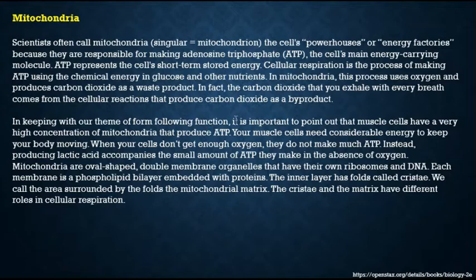So, muscle cells have a very high concentration of mitochondria. Why? Because muscle cells need considerable energy to keep the body moving. When cells don't get enough oxygen, they do not make much ATP. Instead, they produce lactic acid, which accompanies the small amount of ATP they make in the absence of oxygen.